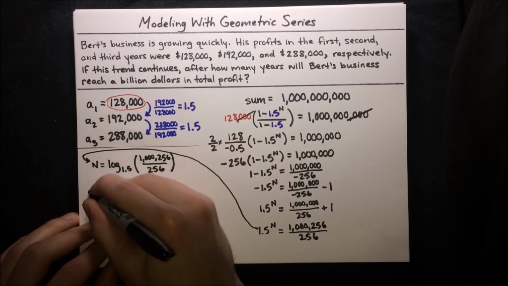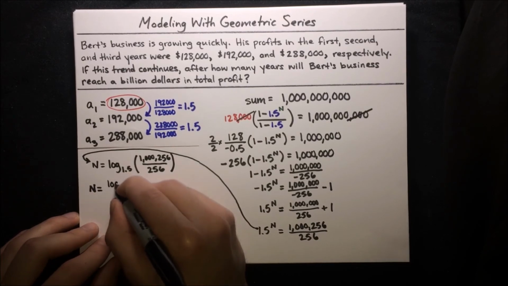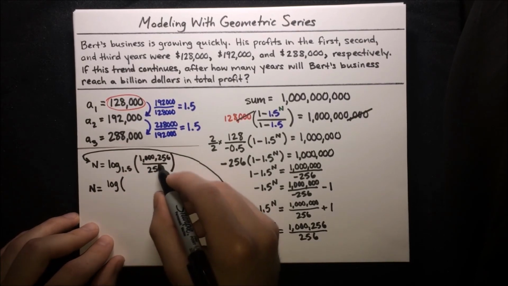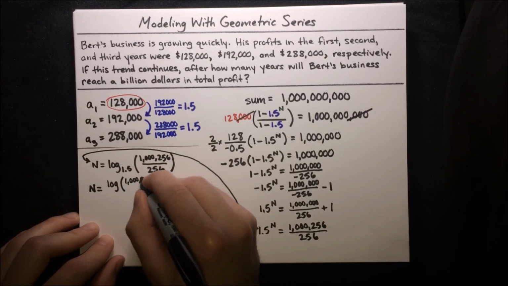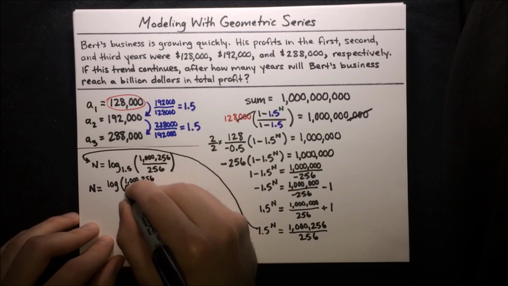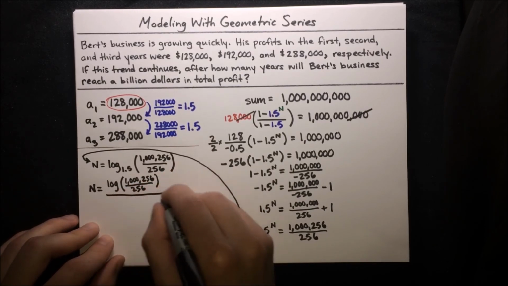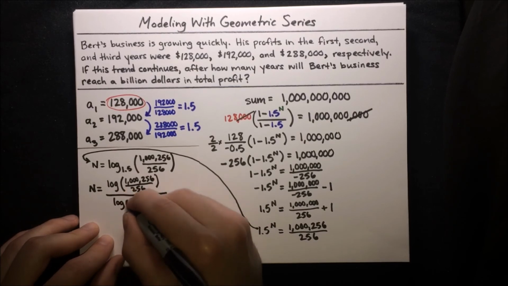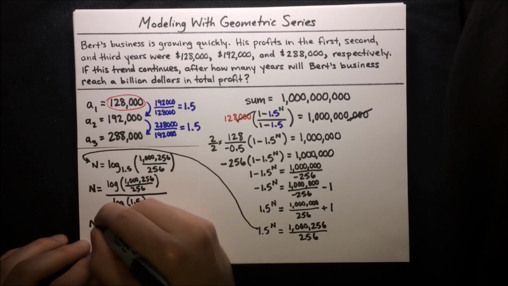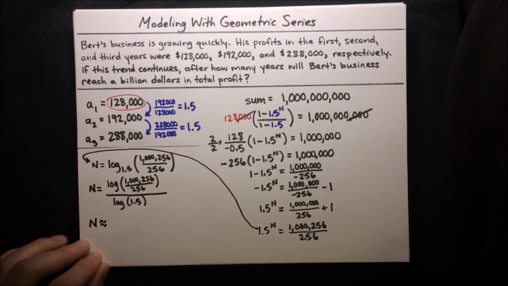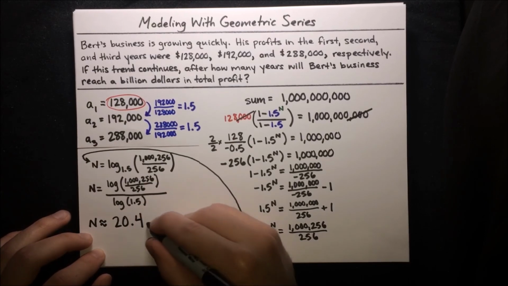And we can compute that using the change of base formula, so just write it as log of that expression inside the log, so log of 1,256,000 over 256, that over log of 1.5. And that's what we'll put in our calculator, so n is approximately 20.4 years.